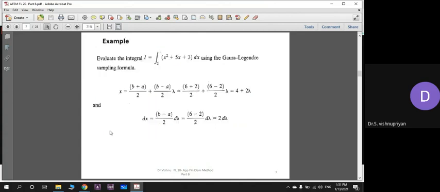Let's see one example to make this process clear. Here we have a function, integral x square plus 5x plus 3. The limits are between 2 and 6. Here 6 is not showing, it must be 6 here, 2 to 6.